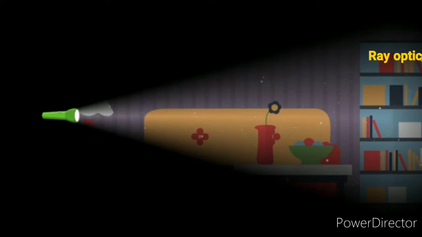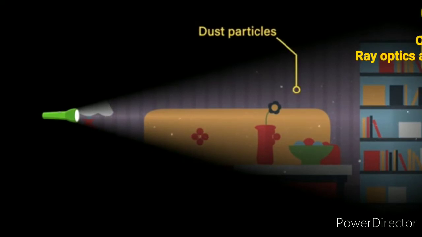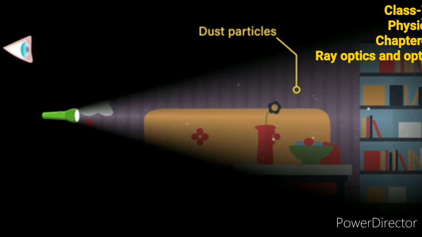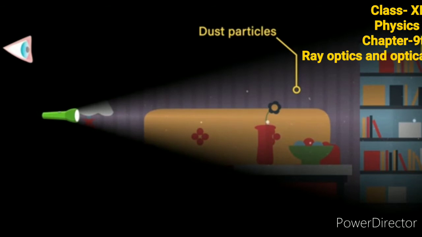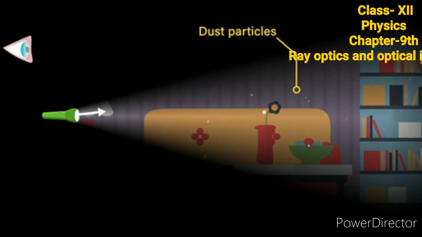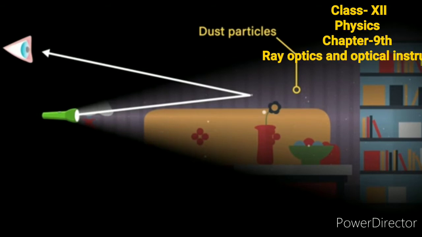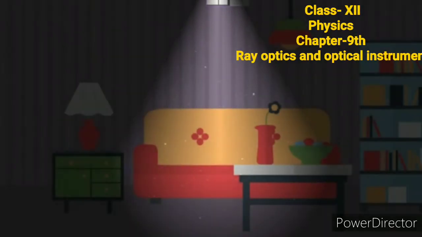What is the reason for this? Why are you able to see the particles? You are able to see the dust particles because the light from the torch is reflected from their surface and travels towards our eyes.